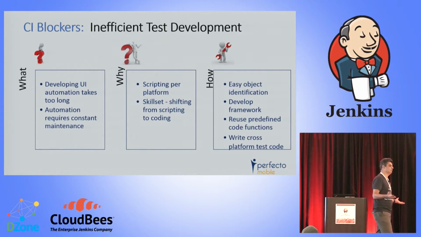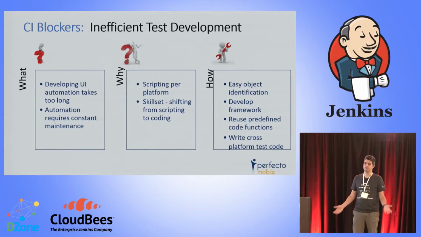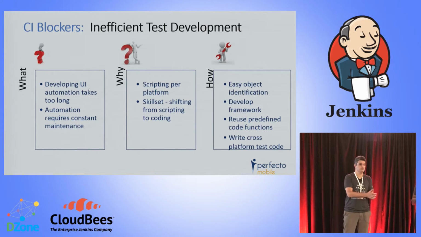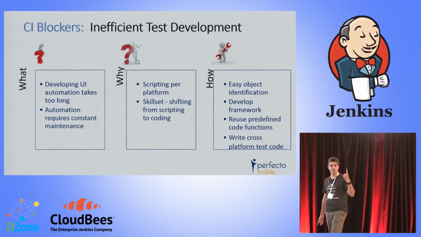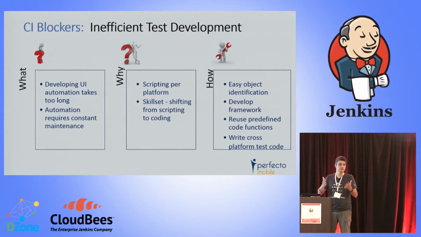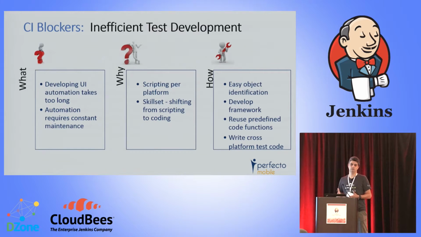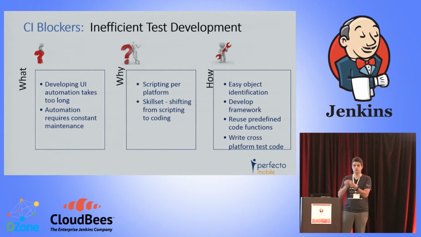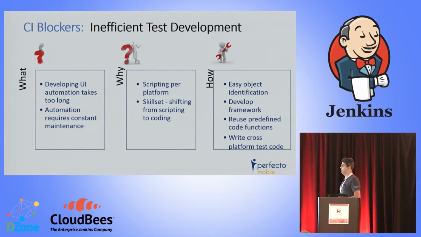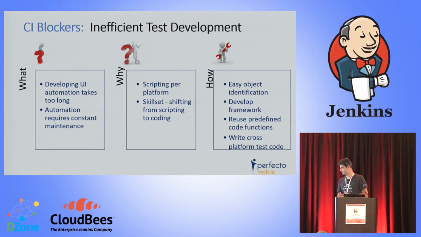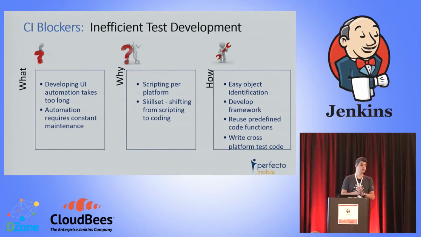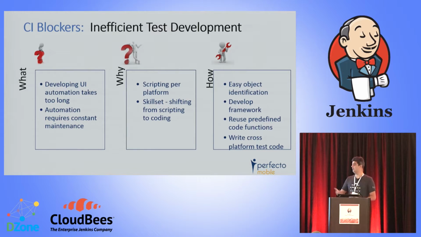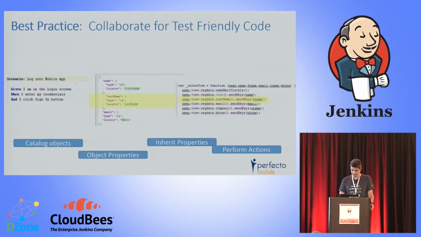I need to develop the login. 99% of my tests will use this login function. Don't run the login over and over. Develop it once, use it. It's like simple code, the same way that you are using when you are calling a database, you need to implement here when you are creating mobile testing. And write cross-platform automation. I'll show you how to do it in a few examples.